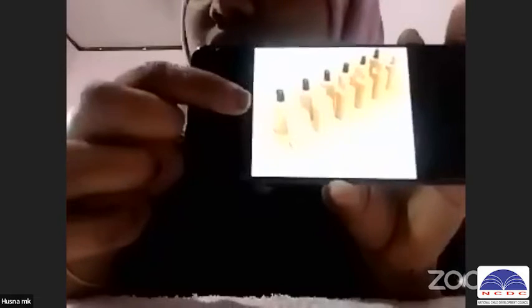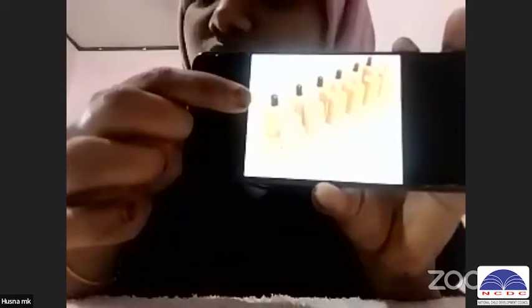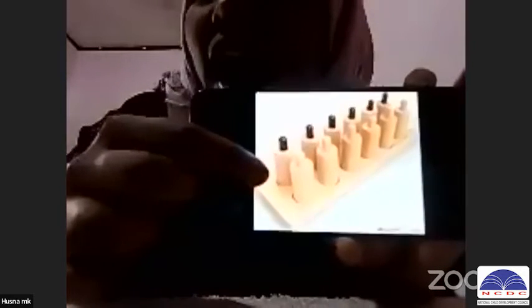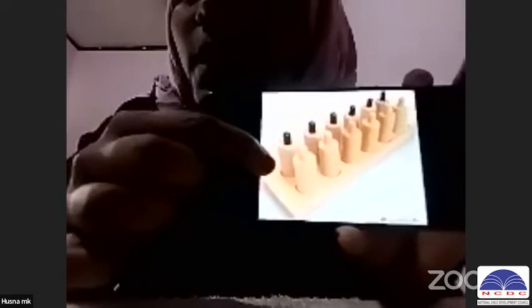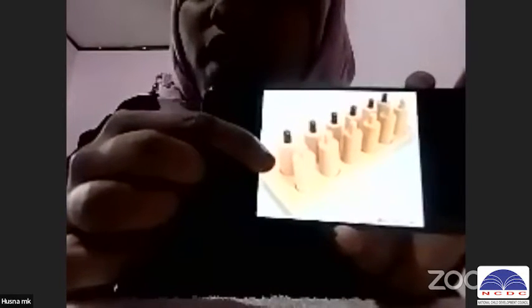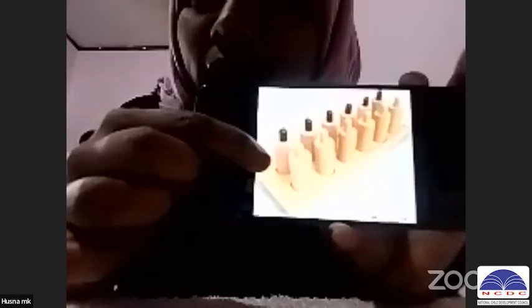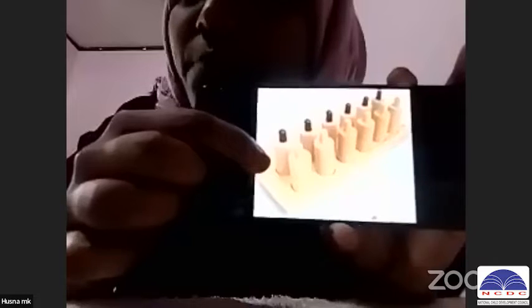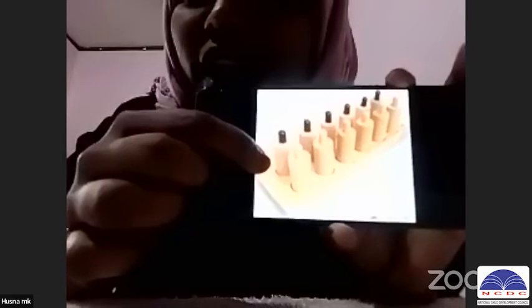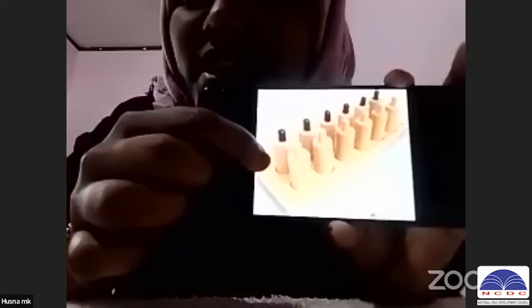I am here to talk about how children are going to practice on me. I have 6 pairs of cylinders, and each cylinder has spring-loaded plugs. Children apply pressure on the plug, and they can feel different resistance.